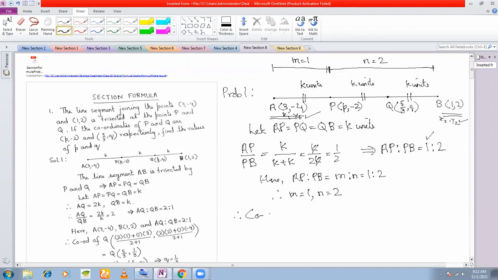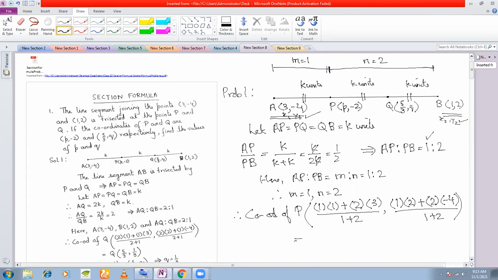Therefore, coordinates of P: M x2, x2 is 1, plus N x1, x1 if you see above is 3, divided by M plus N. Next, y coordinate: M y2, y2 is 2, plus N y1, y1 is minus 4, divided by 1 plus 2.